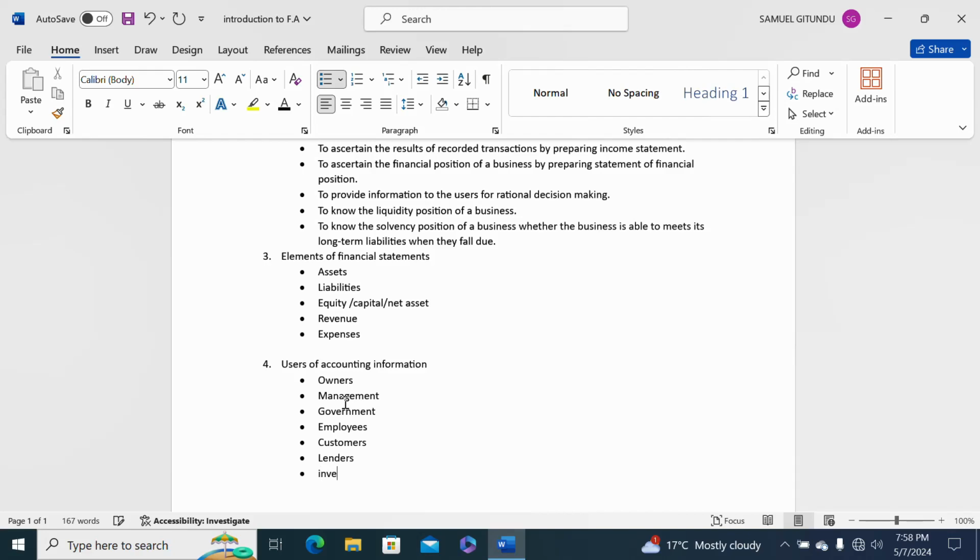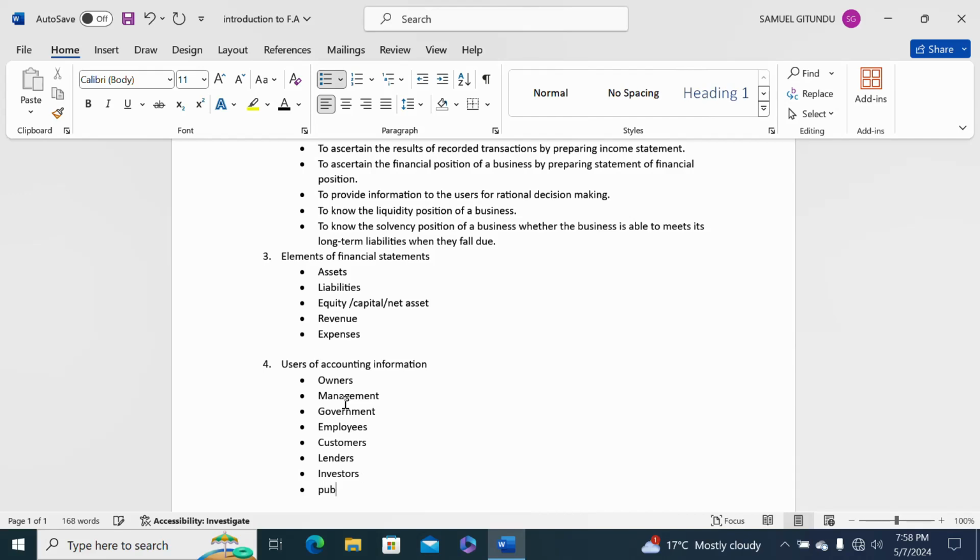And then we have the investors. The investors require the accounting information to know whether to invest in your business or not. If your business is not performing well, then the investors will tell you to avoid that business. And if a business is performing well, then the investors will invest in that business so that they can also benefit from that business.